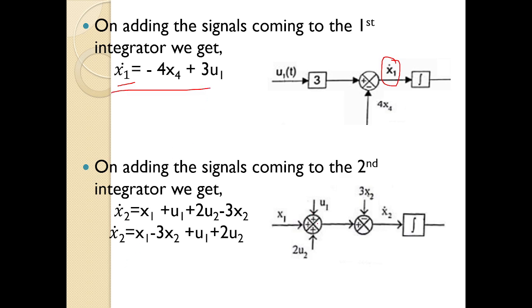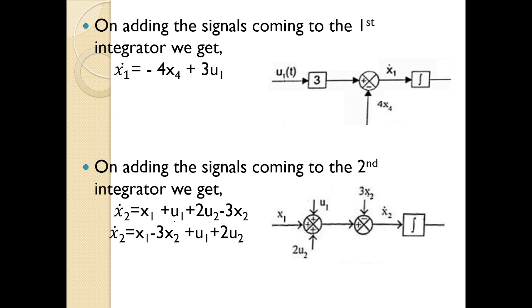Similarly, I want x2 dot. So consider the input signals that are coming to x2 dot. Input signals that are coming to x2 dot are these two summing points. So the input to this summing point is x1, u1, and 2u2, and it is connected to this summing point whose input is 3x2, and this summation will go to this summing point, you will get x2 dot. So what is x2 dot?